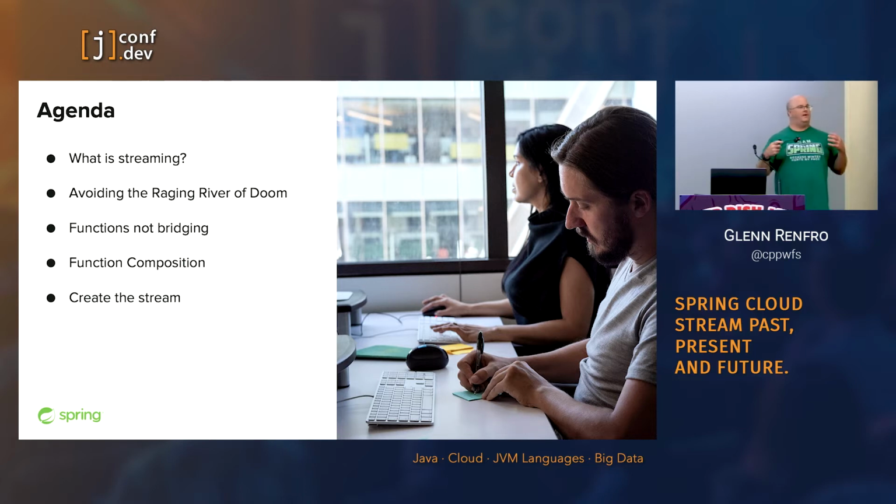Well, what if we don't have to do that? We want to focus on the functions. So we're going to be talking about writing functions and not worrying about how we're going to bridge to those given messaging frameworks. Then we're going to talk about functional composition. How can I take functions and put them together to create a business solution? Not just have one function in isolation, but actually have several put together.